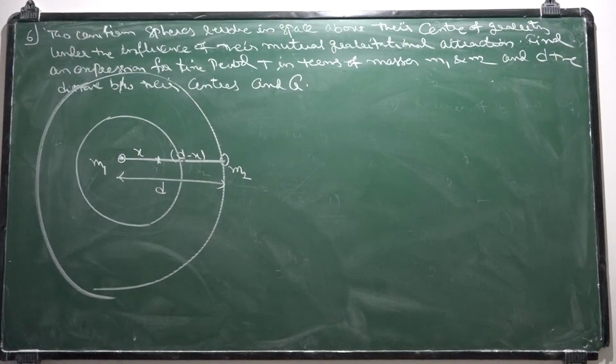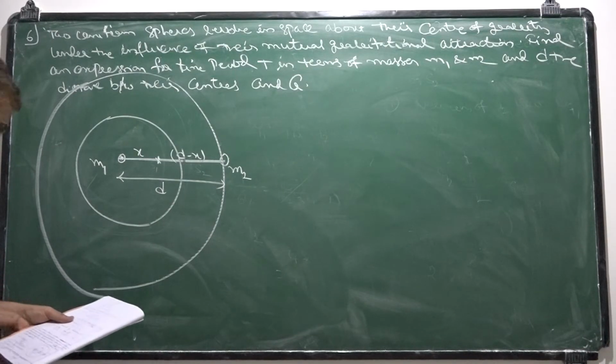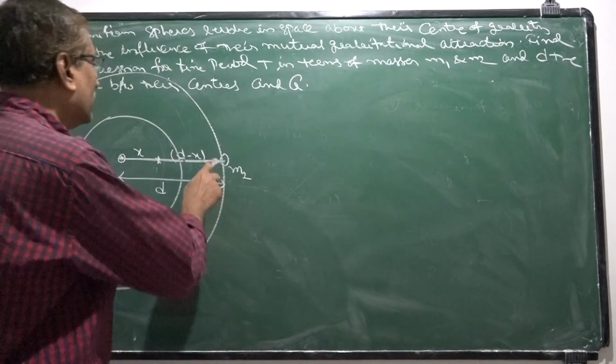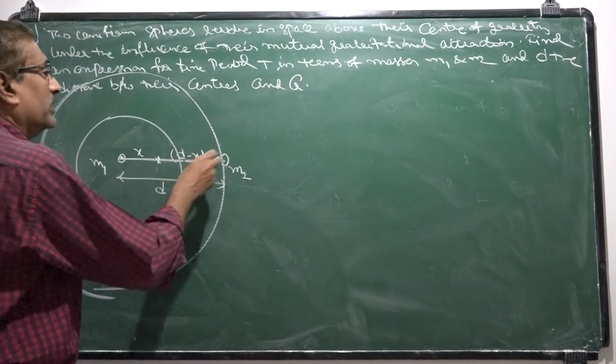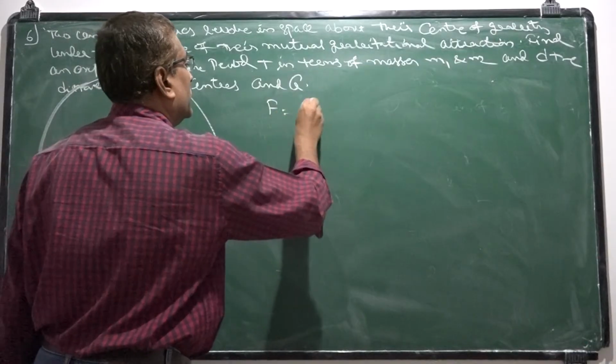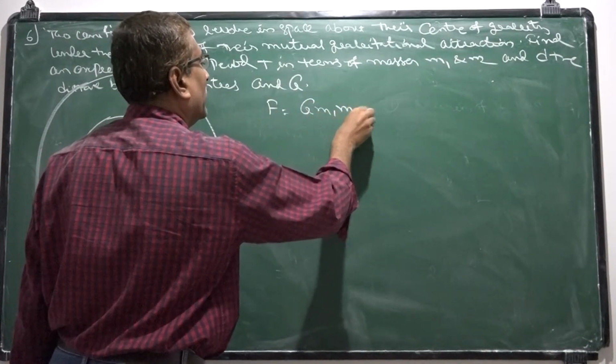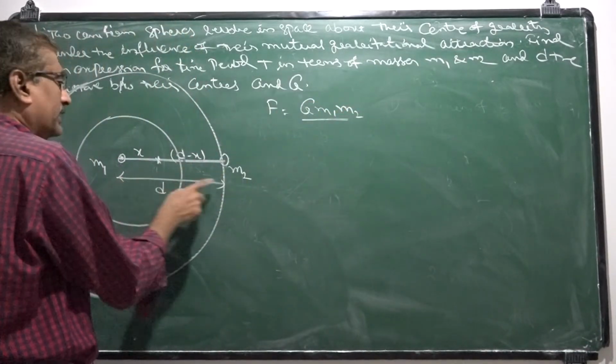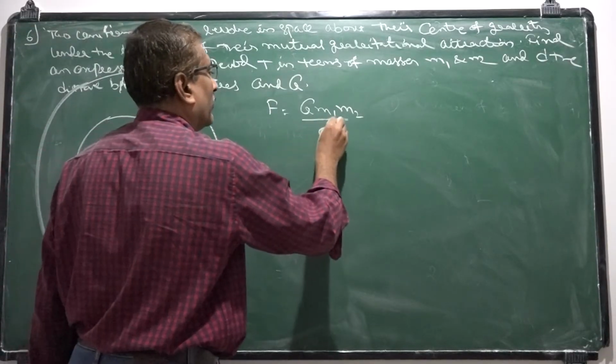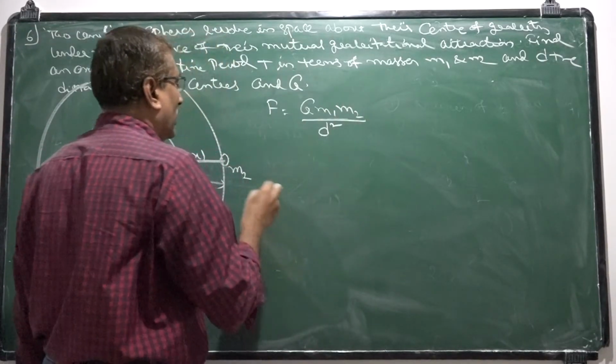Now the gravitational force of attraction between these two is F equal to G m1 m2 by r square, where the distance of separation is d, so d square.